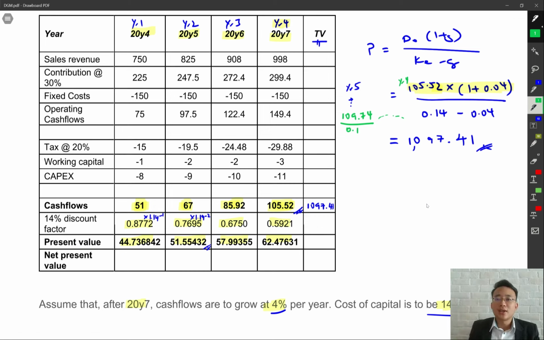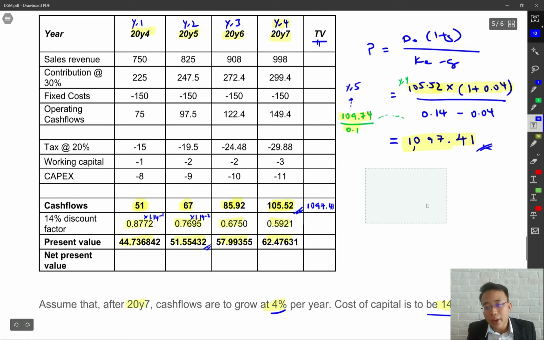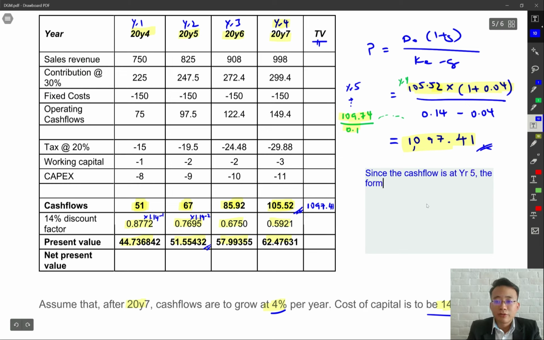So now you are saying, I'm putting a cash flow that is year 5 into the formula, and the formula tells me it is worth 1,097.41. Remember, the formula only brings you one period back. So I'll type it out. Since the cash flow is at year 5, the formula gives me an answer for one period back, and this would be year 4.